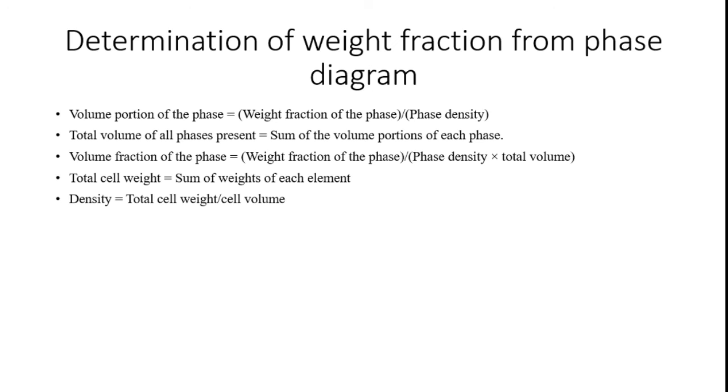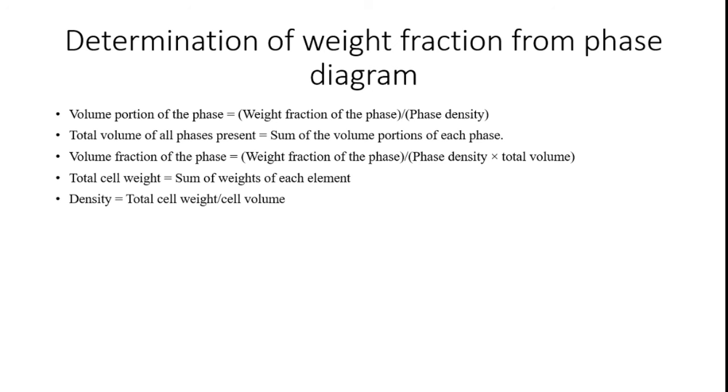The formulas are: the volume portion of the phase we can determine through the weight fraction of the phase divided by the phase density, and the total volume of all phases present is equal to the sum of the volume portions of each phase. Volume fraction of the phase is equal to the weight fraction of the phase divided by the phase density, divided by the total volume.